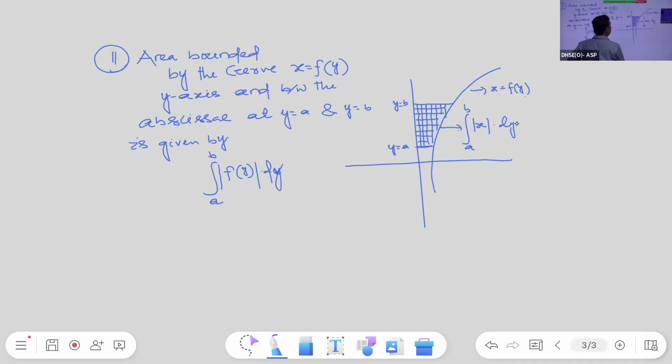Right? Here also three cases arise. If the curve x is equal to f of y lies to the right of the y-axis, then curve is positive. If it lies to the left of the y-axis, it is negative. So case one.